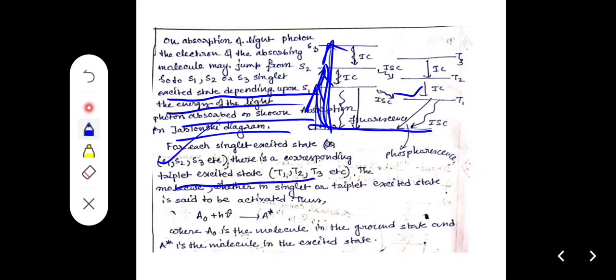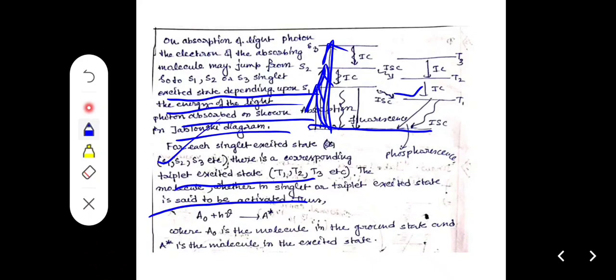So the singlet or triplet excited state is said to be activated, because when the molecule gets activated, it goes to the singlet excited state and triplet excited state. Otherwise, it always belongs to the ground singlet state, where the spins are paired. In the singlet excited state, the electrons are unpaired, but their spins are unchanged. In the triplet excited state, electrons are unpaired, but their spins are changed.